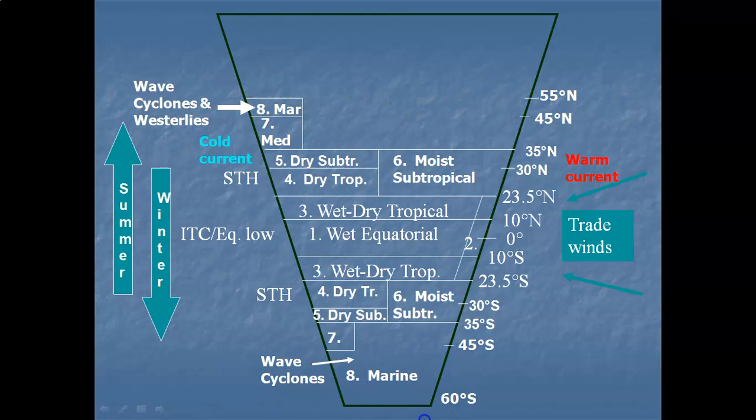Now, in the southern hemisphere, maybe the continents taper somewhere around 60 degrees south latitude. Of course, my marine area is a lot larger than reality, but that has to do with the way I made my hypothetical continent, because I had to have some room to put in the names here. But again, we've got the westerly winds and the wave cyclones dominating this climate.